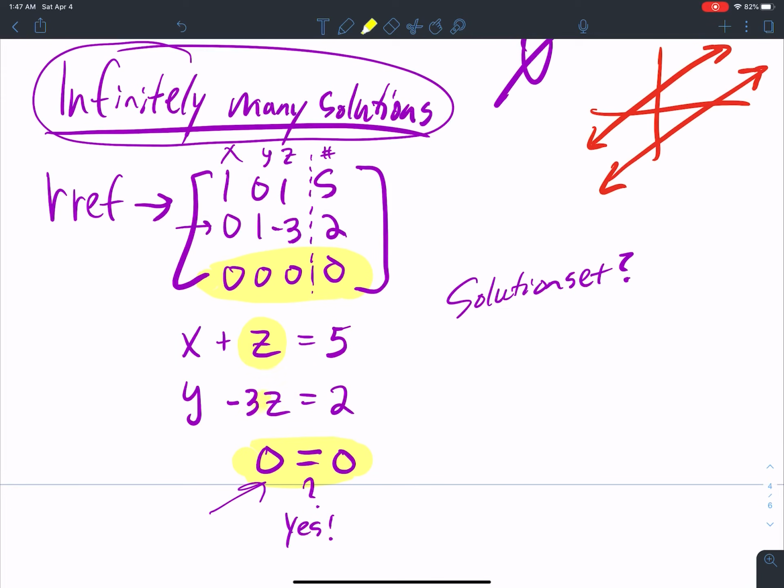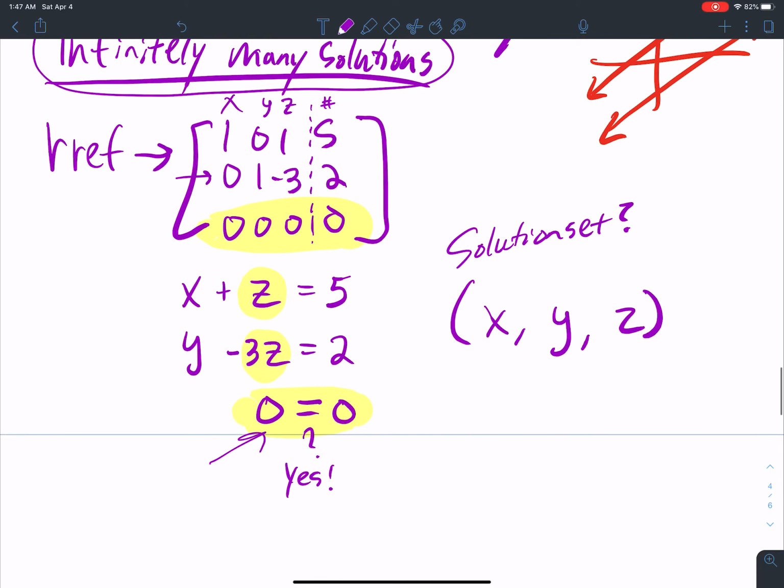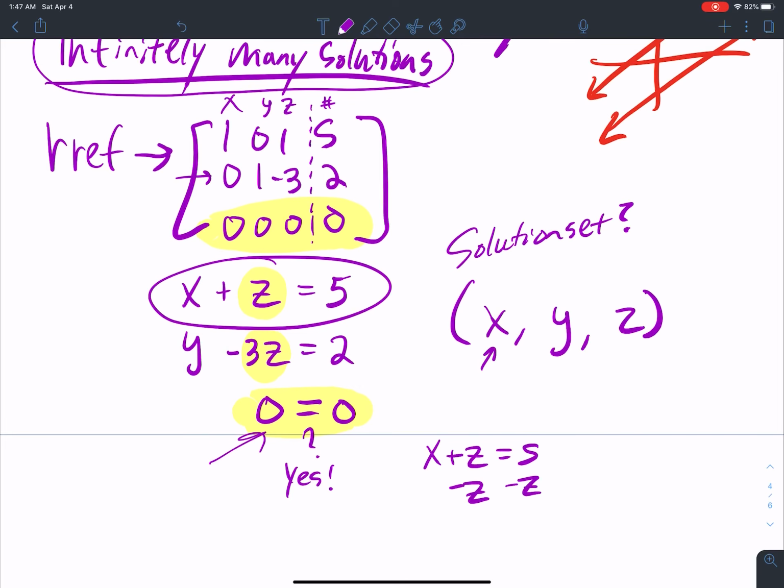Well, I got a z in both of them, all right? So I want a solution set of x, y, and z, right? So how can I get x by itself? I take this equation and I solve for x. X plus z equals 5, so I subtract z. And I get x equals 5 minus z.